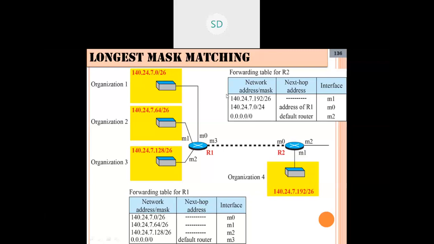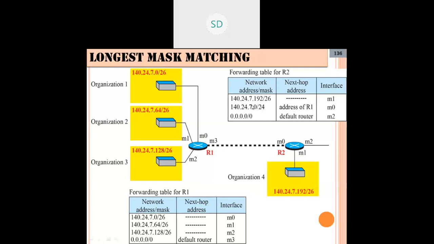If this address is not equal, it goes to the next address, and the masking takes place with respect to 24. If the match occurs here, this is the aggregation we saw previously, so the packet will be sent to all the organizations from 7.0 to 7.255, to whatever hosts are connected.